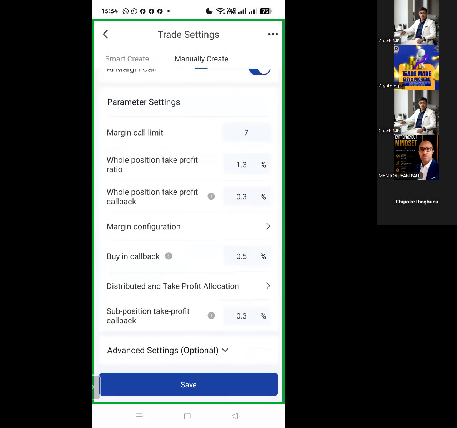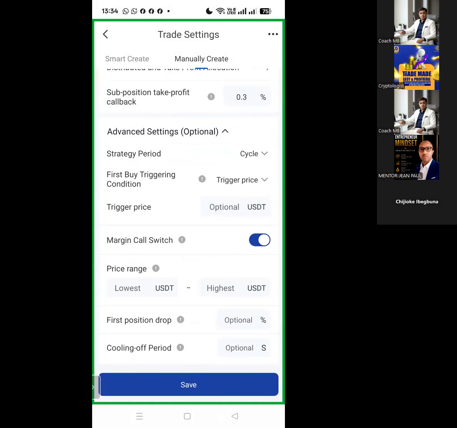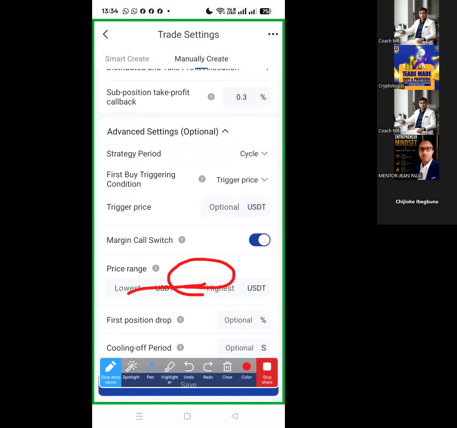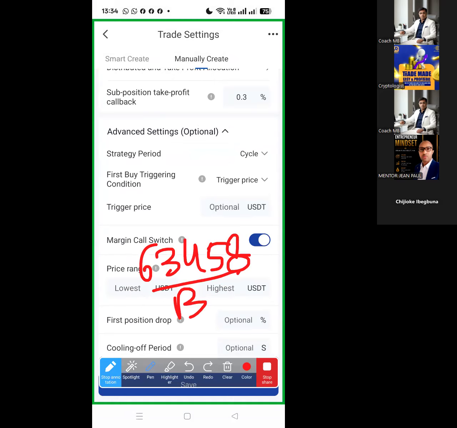Okay, so let's go to the advanced setting now. Suppose I want to trade Bitcoin on a cycle mode, and we all know the Bitcoin price right now is 63,458. So suppose I buy this coin at 63,458, and it sells for you at, suppose you take profit at $64,000, right?